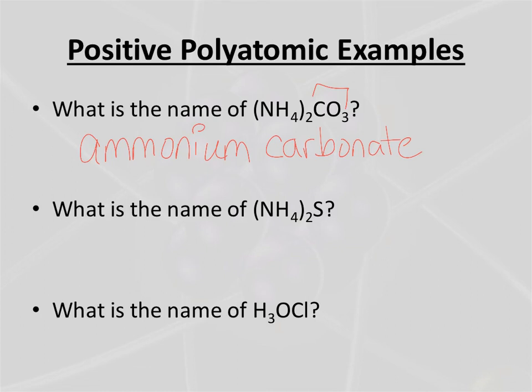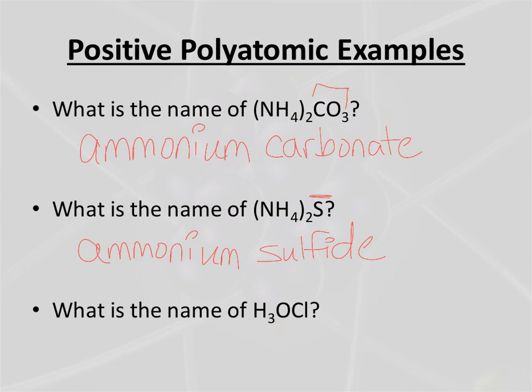All right, again, second one, I have NH4, so that's going to be ammonium. This time, though, we end in just a single element. So instead of sulfur, we're going to change the ending to sulfide. So ammonium sulfide.